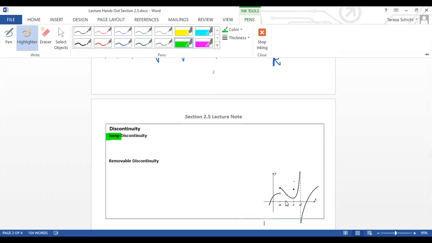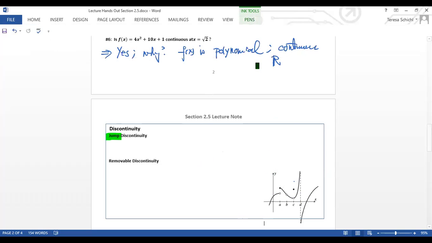Let me say you're jumping up. So here, this is the discontinuity we talk about. This is the jump, right? So for this graph, the jump discontinuity is at x equal to a. From the graph it is obvious.